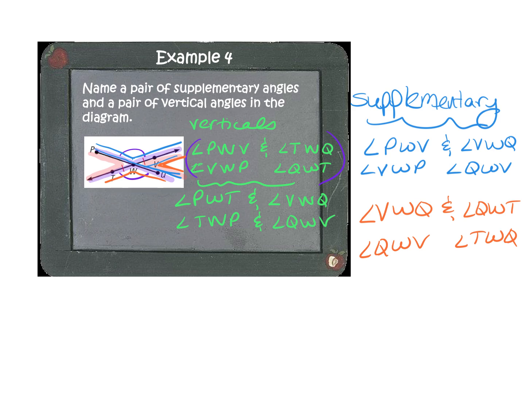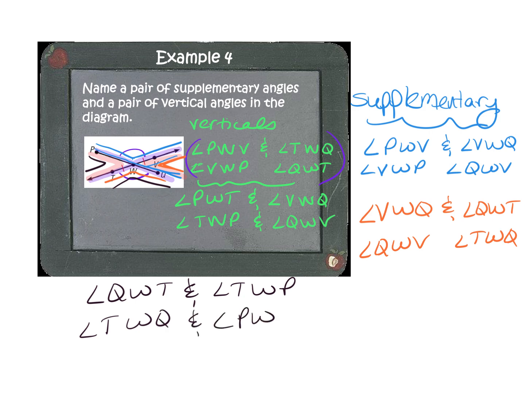Then I keep going around. I can come here now with this last orange one, with this one over here. So that one could be angle QWT together with angle TWP, or in reverse. So that's another pair of supplementary. And again, remember, these are linear pairs.